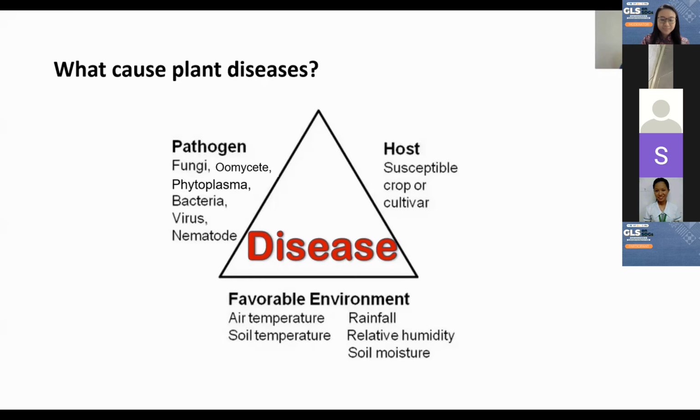Also, with the host, when plants are young, for example, they're more susceptible to disease compared to when they are mature, for example, right? And environmental condition is also very important for the development of pathogens as well as of the host, right? And that's why it can also influence the development of diseases.